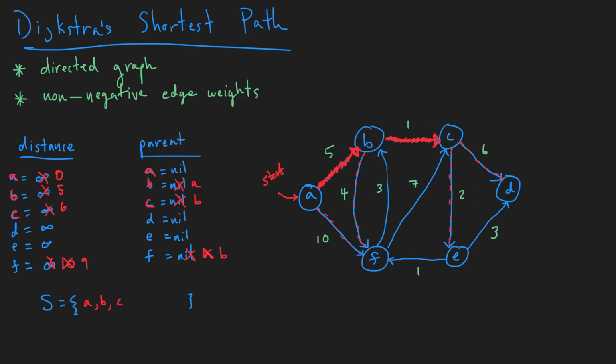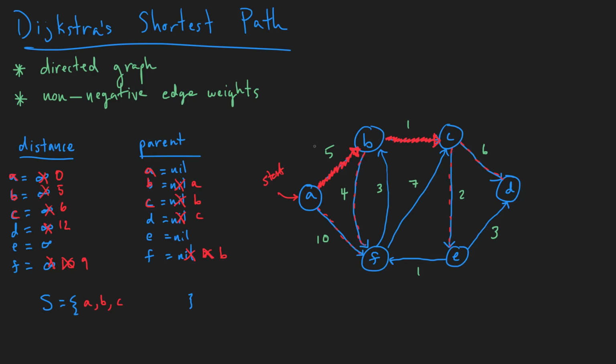So to D, a path to D from A so far should be 5 plus 1 plus 6, which is 12. So let's do 12, and C is the parent.